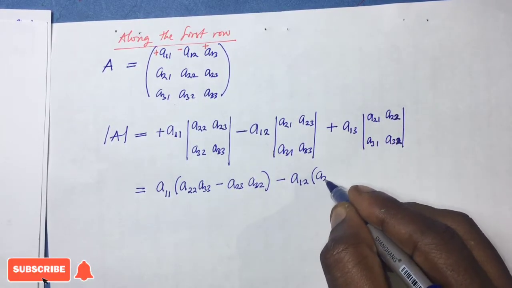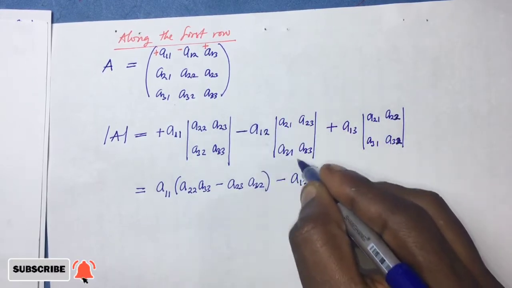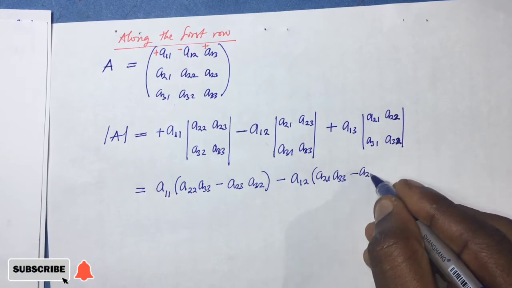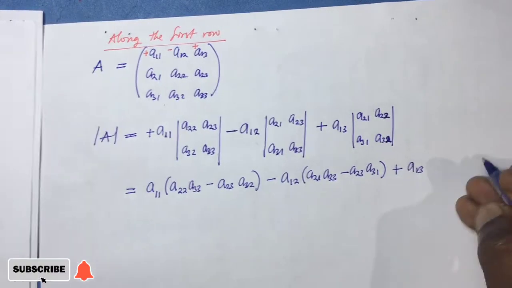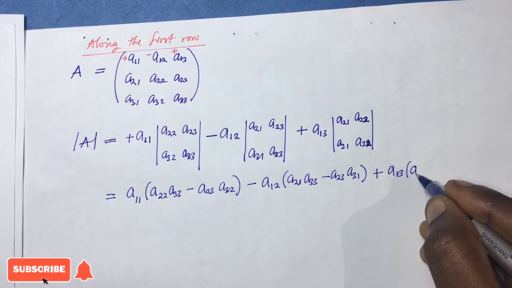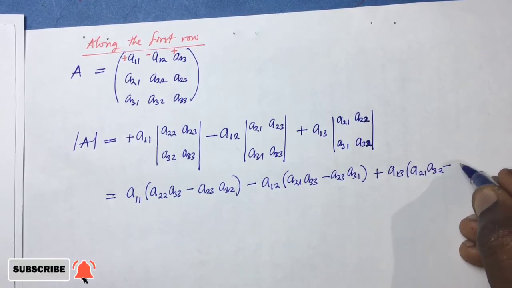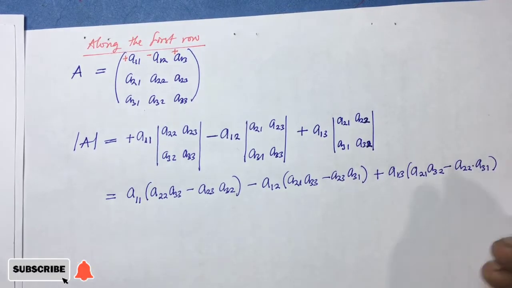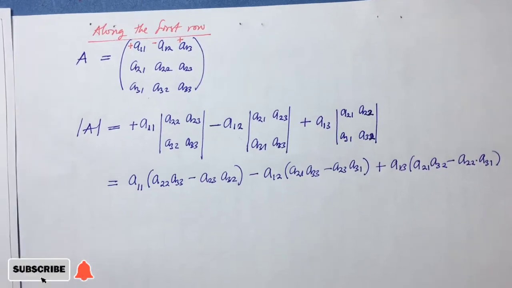This will be A21 times A33, that's the product of these elements along the principal diagonal, minus that along the auxiliary, A23, A31. Then plus A13. Obtain this: A21, A32 minus A22, A31. This minus this. And that will be the determinant along the first row.